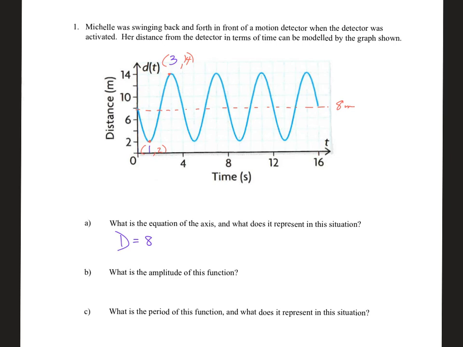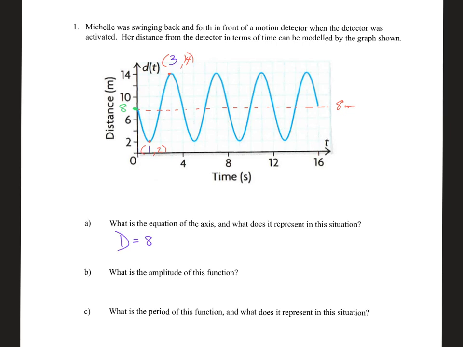However, can we start to think about the context a little bit? What we have in the situation is Michelle swinging back and forth in front of a motion detector. What that means is at that first starting point, Michelle is 8 meters from the motion detector.